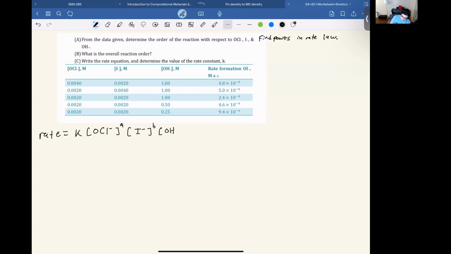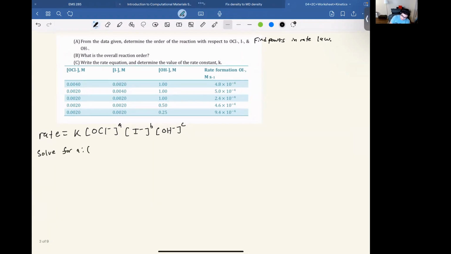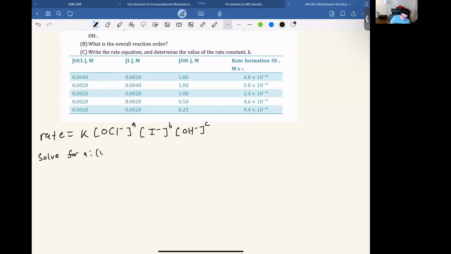I minus, OH minus to the C. And then what you can do is, let's say I want to solve for A. What I'm going to do is use trials where the concentration of I and OH are the same or constant. And then plug into rate laws.